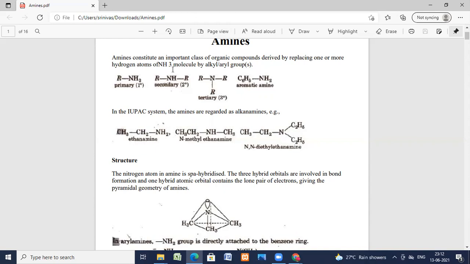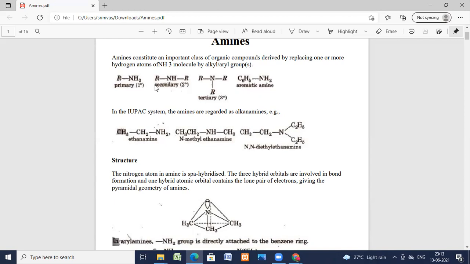Derivatives of ammonia. Amines may be regarded as the derivatives of ammonia, in which one or more hydrogens have been replaced by alkyl groups. So NH3, ammonia, if one hydrogen is replaced, it will give you methylamine, alkylamine. It's a primary amine.